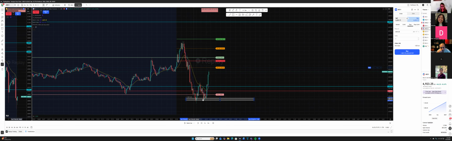It retested, it didn't break, and then it bounced up. So to be safe, I would enter right here and then put my stop right here. Nice and tight. And that was another good trade too.